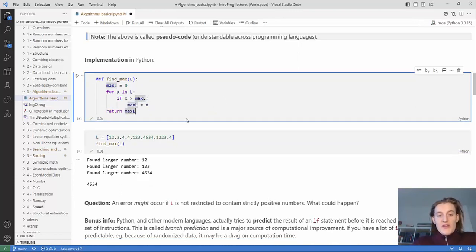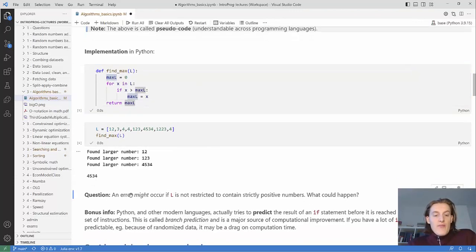So this is of course a very simple algorithm, but that's sort of the idea of having an algorithm. Then there's a small question you can think about.